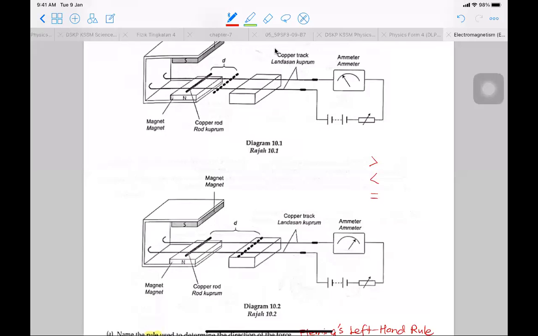Emitter reading in diagram 10.1, greater or less than? Diagram 10.2 is more, based on the deflection. You can see there, the emitter reading in diagram 10.1 is less than in diagram 10.2.